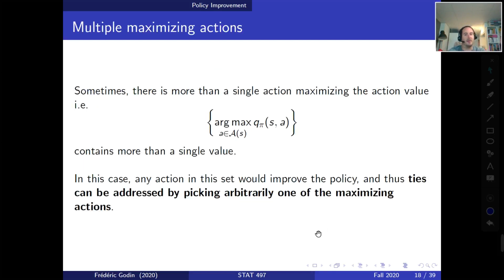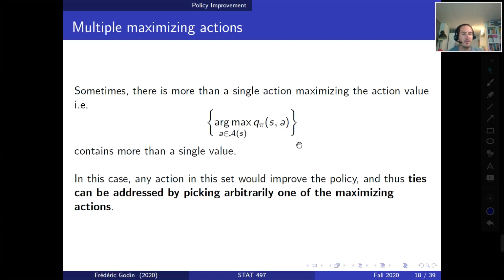Okay, one quick note here. Let's say we check our function q pi S A, and we find that there's more than one action A which maximizes this value. So there might be two actions, A1 and A2, which both maximize the value of the action. In that case, how would we select one? Well, the answer is it doesn't matter.